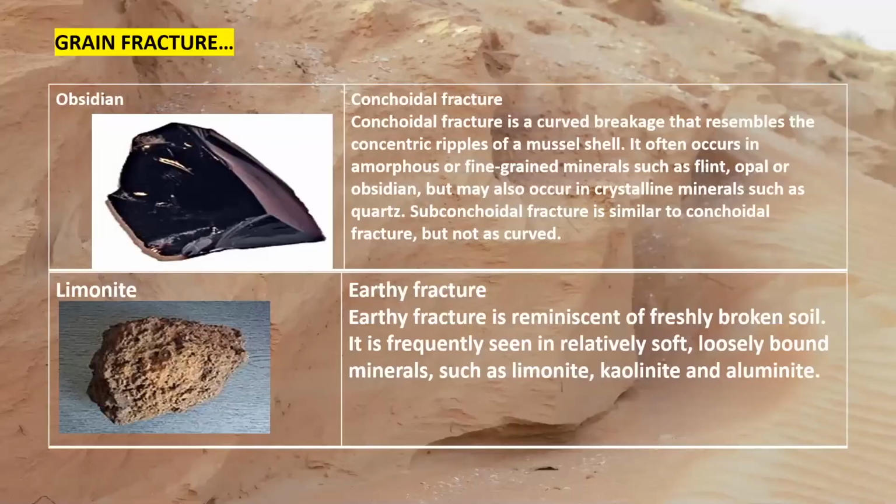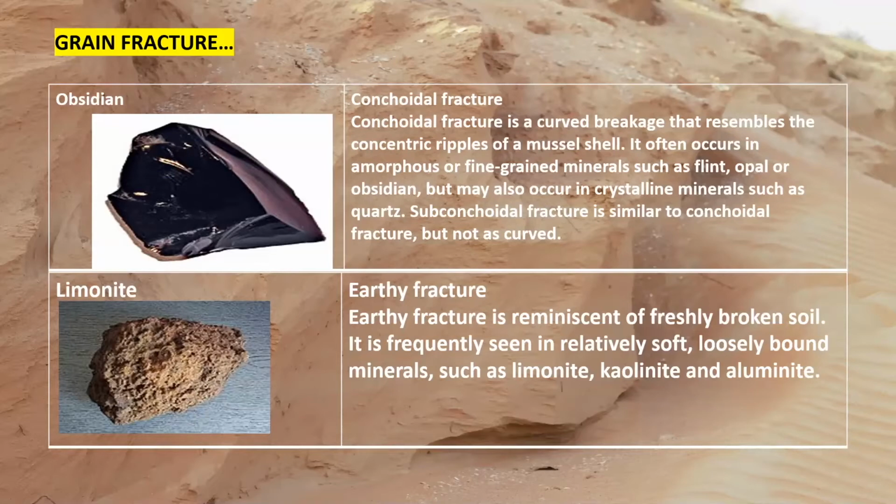So here are some of the examples of the grain fracture. We have the obsidian, which has the conchoidal fracture, which is a curved breakage that resembles the concentric ripples of a mussel shell. It often occurs in amorphous or fine-grained minerals such as flint, opal, or obsidian, but may also occur in crystalline minerals such as quartz.